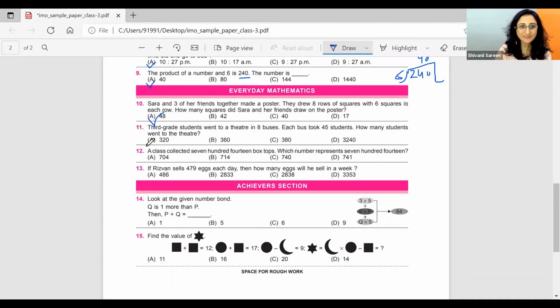Question number 11. Third grade students went to a theatre in 8 buses. Each bus took 45 students. How many students went to the theatre? So there are 8 buses and every bus has 45 students.